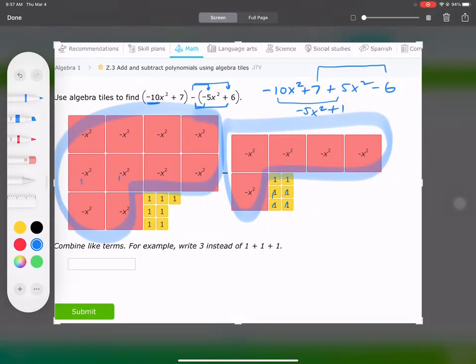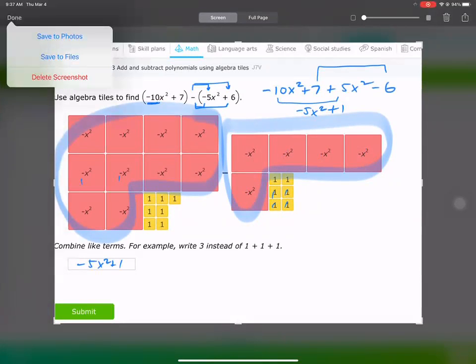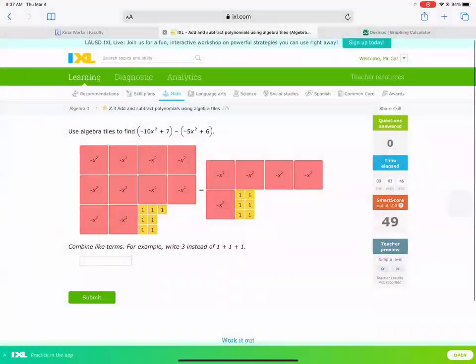Negative 5x squared plus 1. Okay, we're still combining like terms, but if I'm subtracting, remember we have to flip the signs. And one of the critical things is you have to remember to flip everyone in that parentheses.